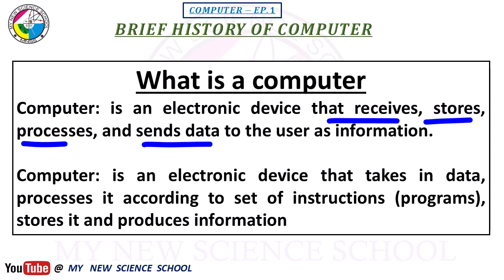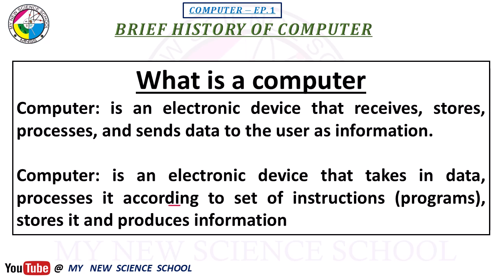Now you can again define computer as an electronic device that takes in data, which is the same as receiving data, and processes it, that is to process it according to the instruction, that is set of instruction given to the computer.